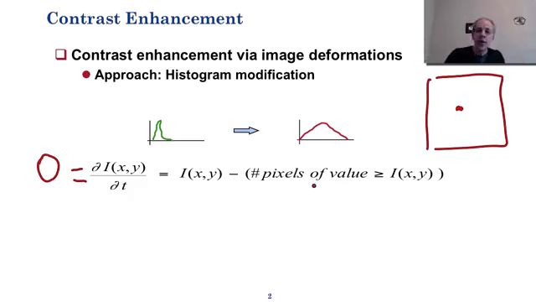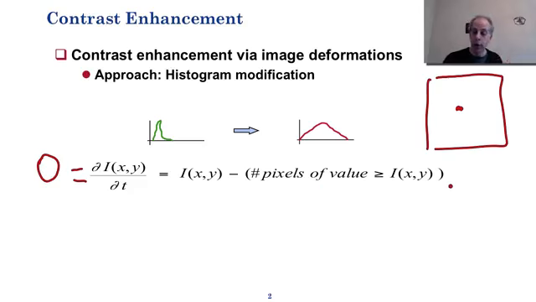Here, you can start stretching your histogram, start moving towards histogram equalization, but you can stop before you finish if you're already satisfied with the result, or even if that result is better than going all the way to histogram equalization. So those are examples of why you might want to use a partial differential equation instead of a lookup table.